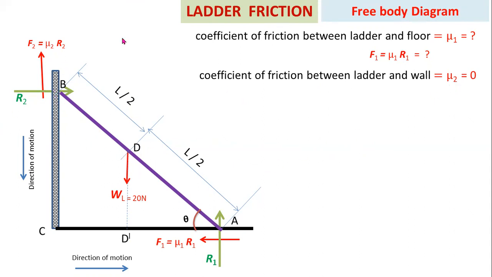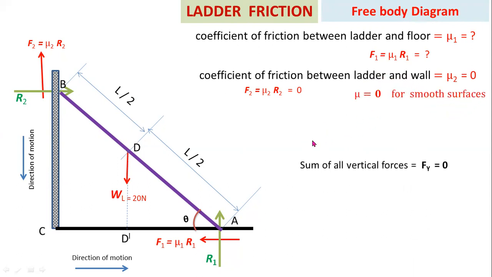At point B, F2 is the friction force between the vertical wall and ladder. F2 equals mu2 R2. Here that value equals 0 because this is a smooth surface. The vertical wall has a smooth surface, so you have to consider zero friction and zero coefficient of friction. Mu equals 0 for smooth surfaces.